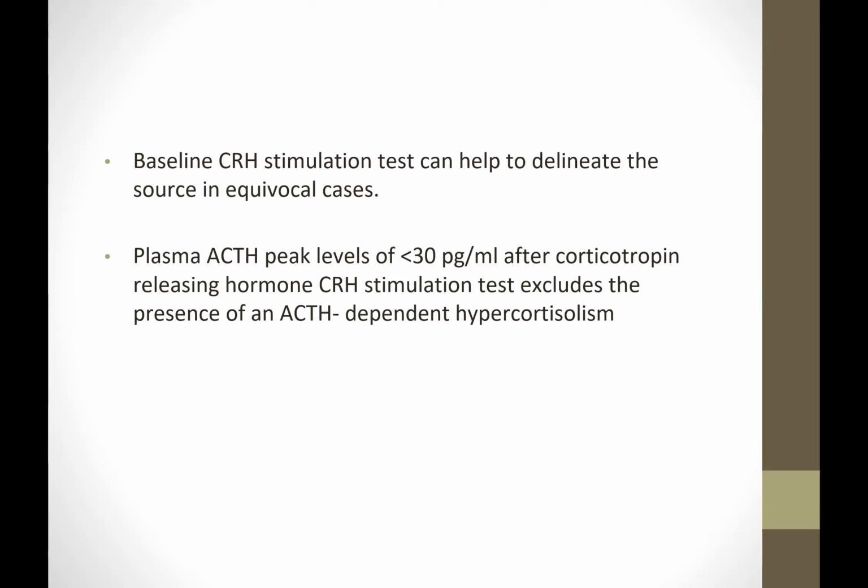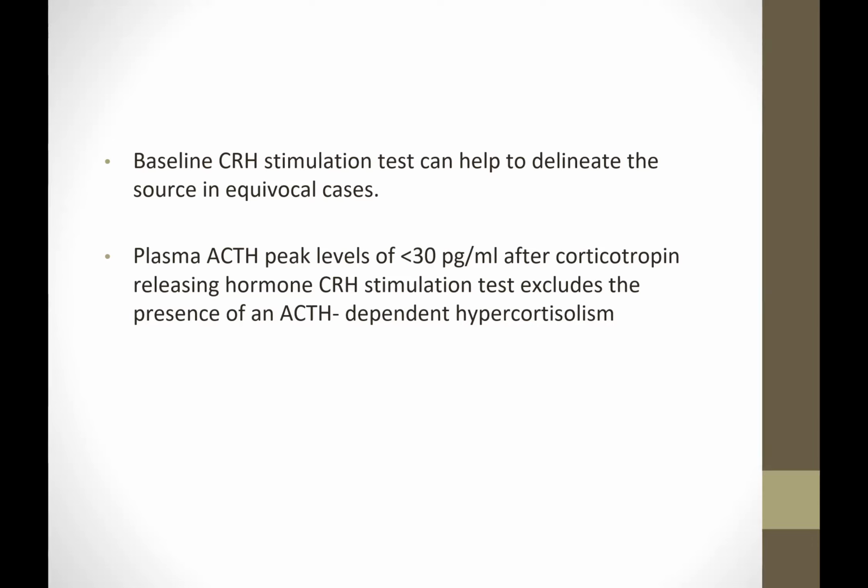Earlier, we were using several things like CRH stimulation, vasopressin stimulation, and high dose dexamethasone suppression in such cases, which are of no value now. If I have an equivocal result, like the MRI is not able to pick up the tumor and I still feel it is pituitary, how do I get it? I do inferior petrosal sinus sampling, bilateral and CRH stimulated, of course. You give 1 microgram of CRH and we expect the ACTH level to be higher in the petrosal sinus sampling compared to the peripheral, at least a gradient of more than 3.